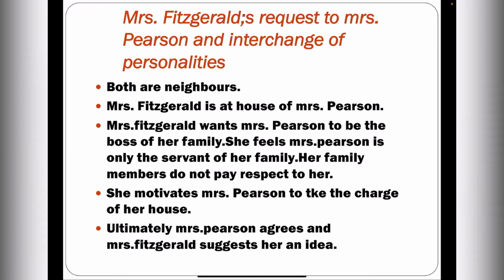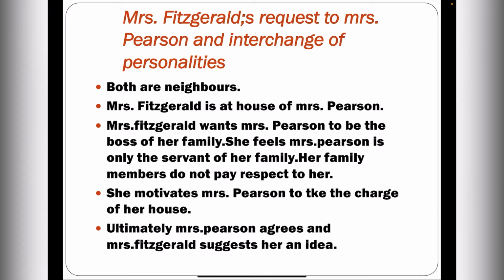Mrs. Fitzgerald, her neighbor, tells Mrs. Pearson her fortune with the help of cards. According to her, Mrs. Pearson's problem is that she is excessively fond of her husband and children. She runs after them all the time, takes their orders.